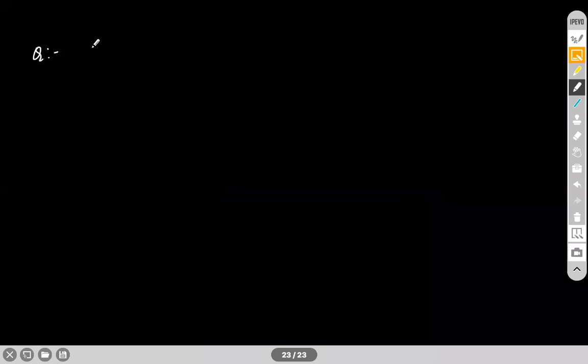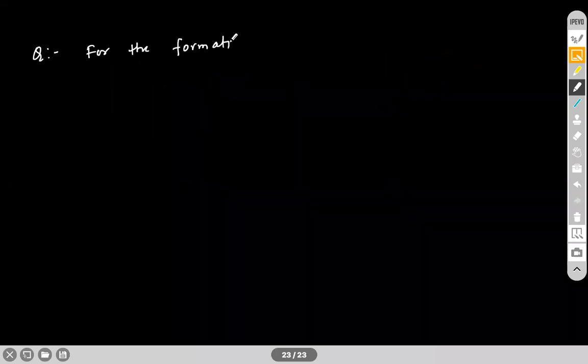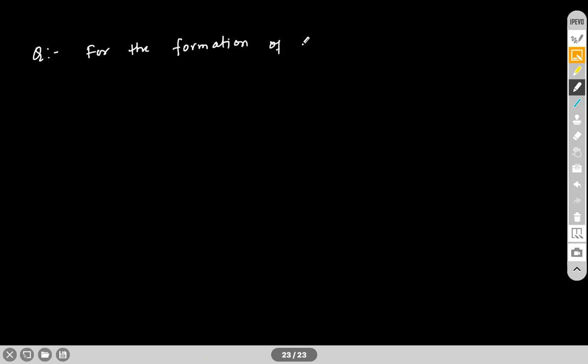Now you see this question. For the formation of NH3 from nitrogen and hydrogen, N2 and H2, the rate of N2, R of N2, is given.